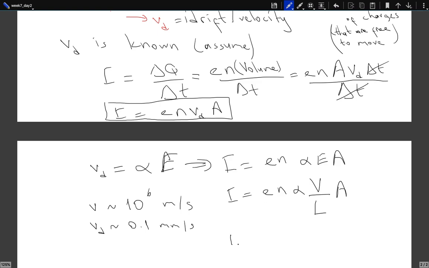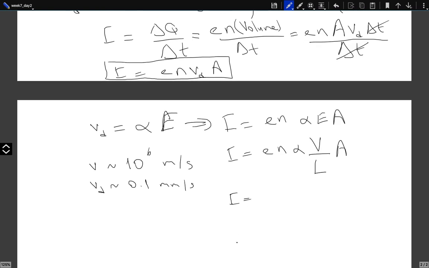And finally, the current is just E times N times whatever this alpha is, A over L, times V.